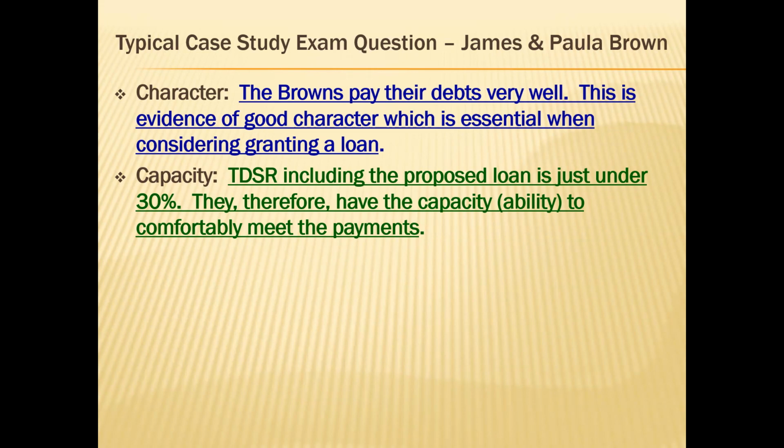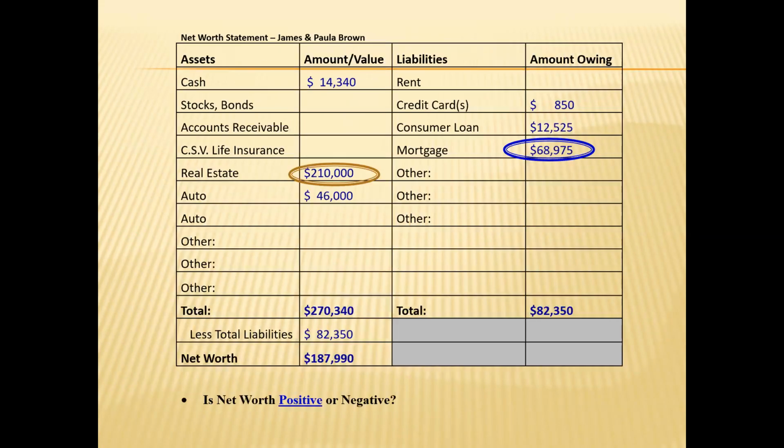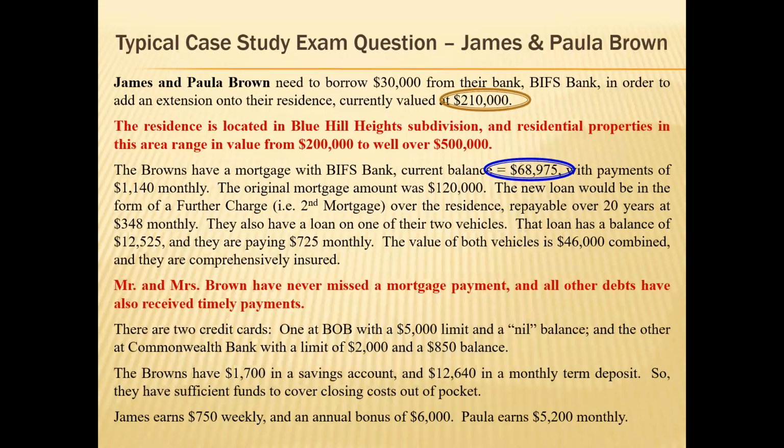Okay, collateral. Their real estate is worth 210,000. We're saying 210. So if you're looking at where they are in the range, the residence is located in Blue Hill Heights subdivision with residential properties valued in the range from 200,000 to 500,000. So in terms of satisfying one of those four qualities of good collateral, it would appear as though this is easy to dispose of because it's not one of the more expensive ones.